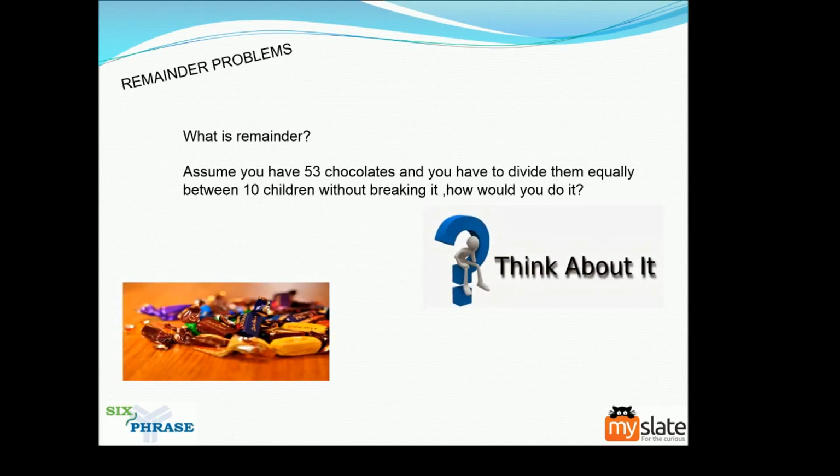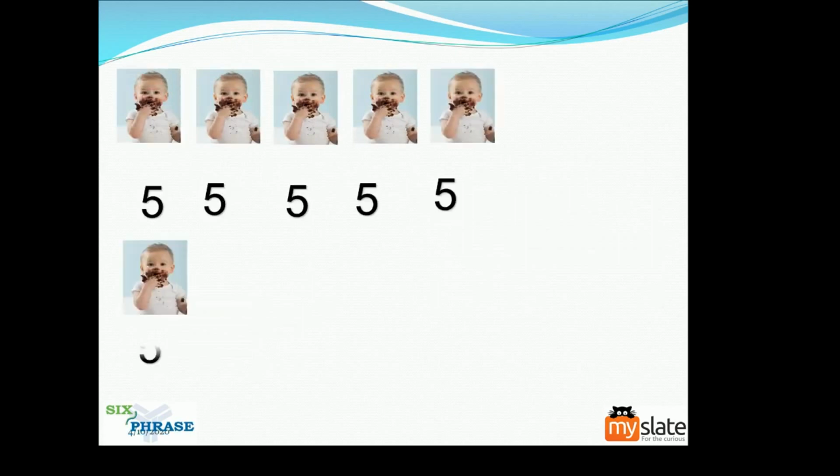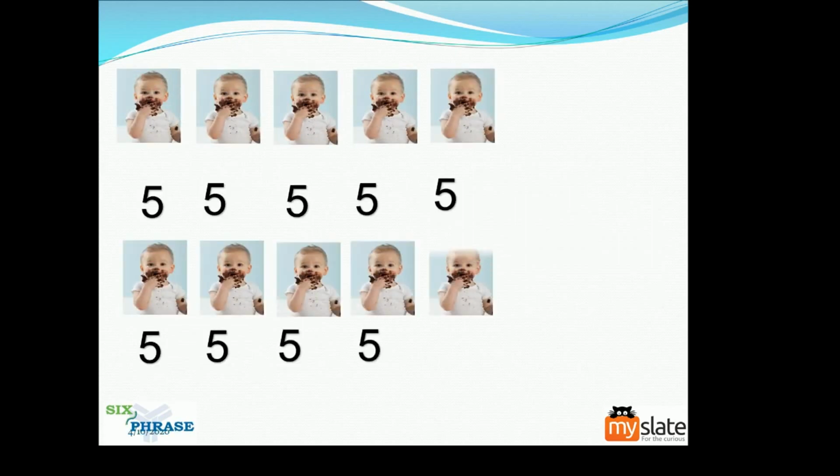So let's think about it. Pause the video. I want you to pause the video, think about it, and then we'll move on. Now I hope you paused the video and thought about it, and most of you would agree with me. It will be done like this. Yes, for 10 children, 53 chocolates would be divided in this way.